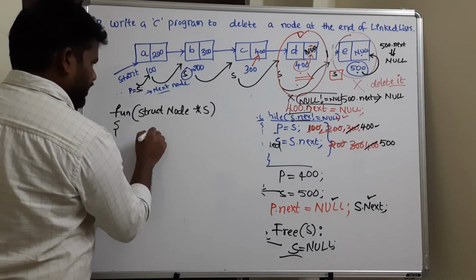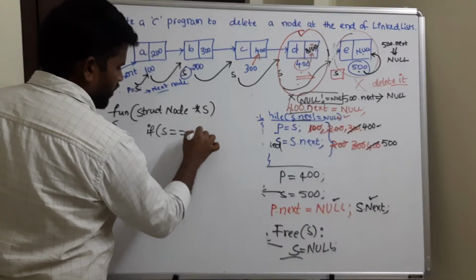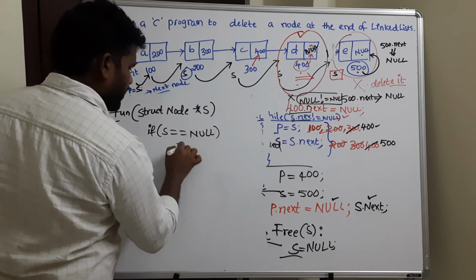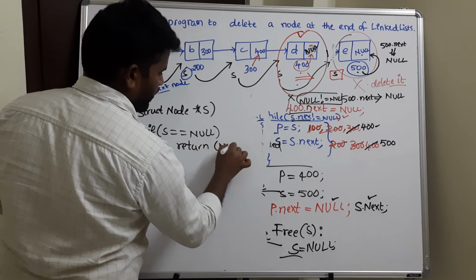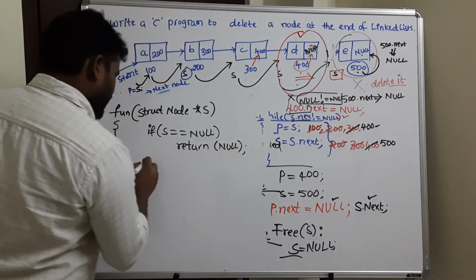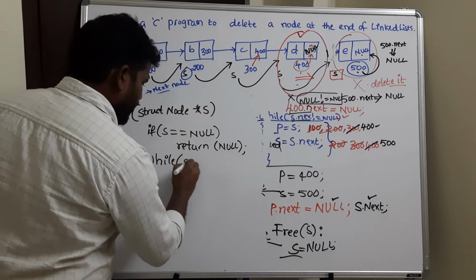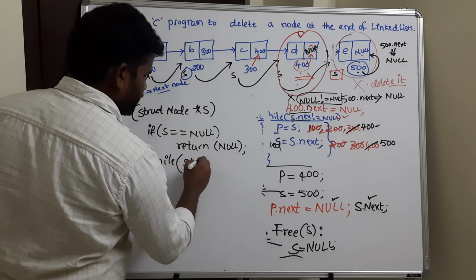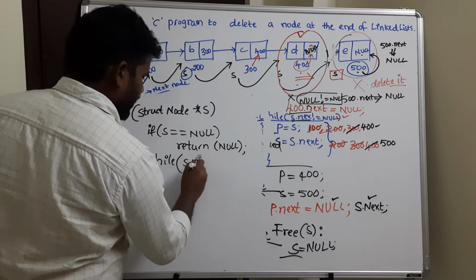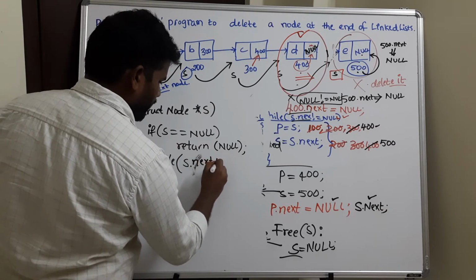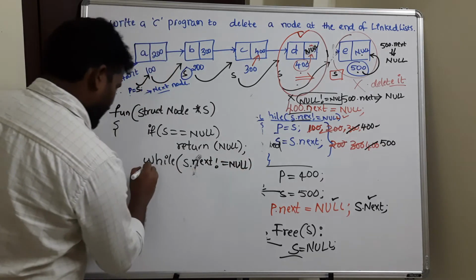So what you are doing: if S is equal to null, then you return null, empty only, because you don't have any list. Okay, if it is not empty, then we have the condition that while S dot next is not equal to null, then we'll run the while loop, right?